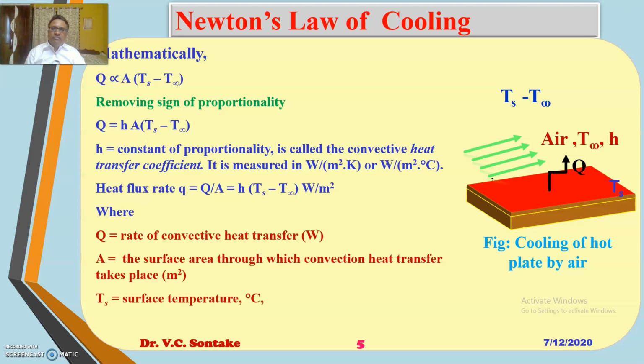Ts is the surface temperature in degrees Celsius or Kelvin, and T infinity is the fluid temperature in degrees Celsius or Kelvin. So this is the mathematical formulation of Newton's law of cooling or the law of convection to calculate the heat transfer rate by convection mode.